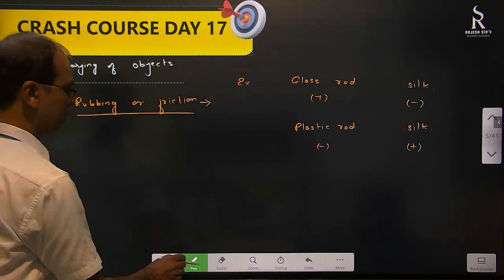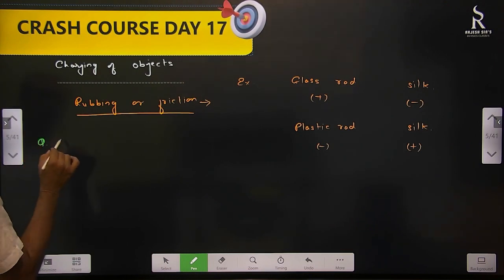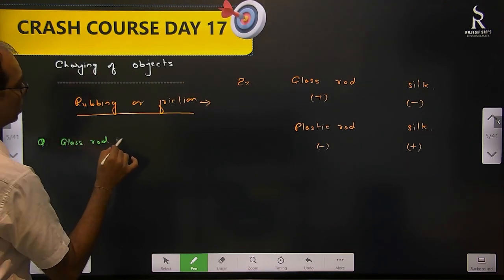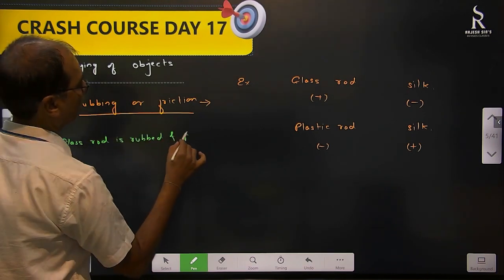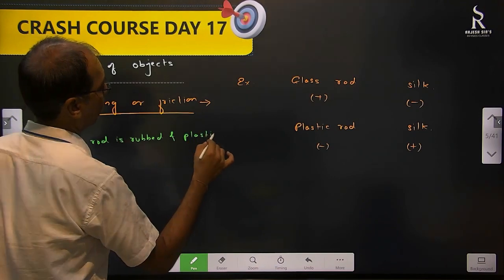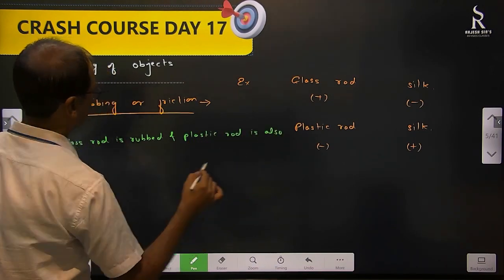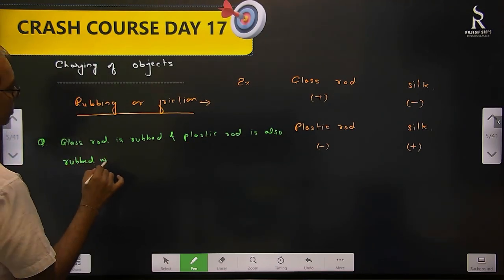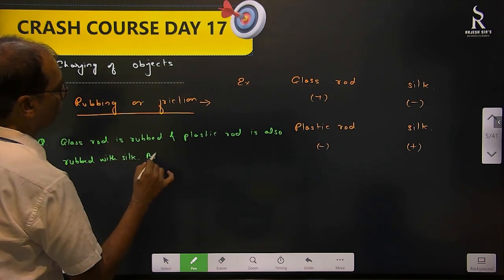Okay, I'm writing the question, just see. A glass rod is rubbed with silk and a plastic rod is also rubbed with silk. Both rods are brought close to each other.